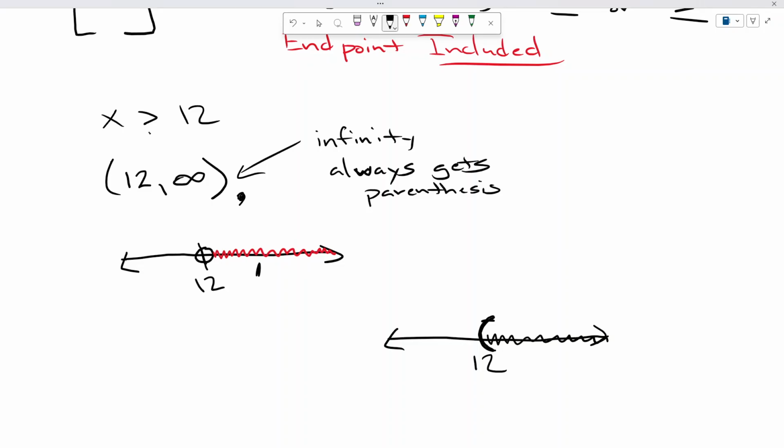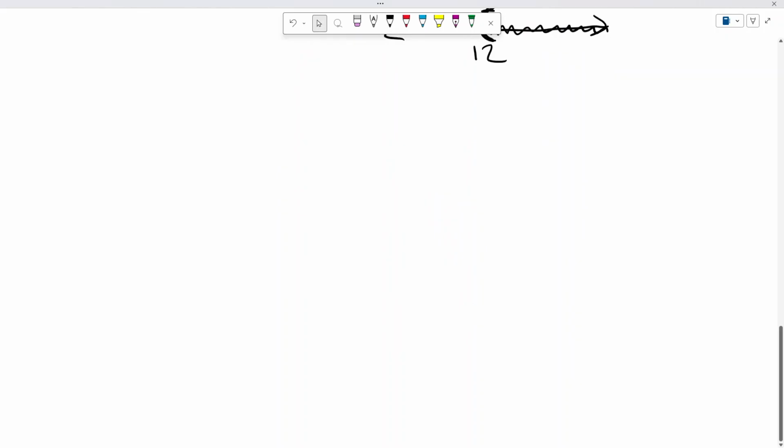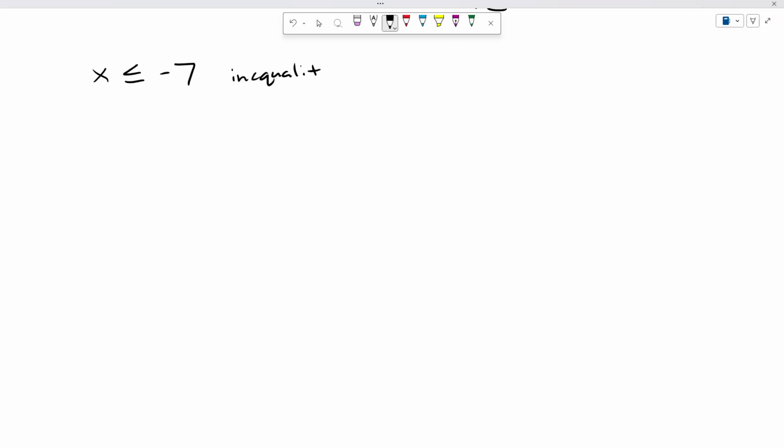Now let's go over a few examples just to drive home what we've learned so far. So if we had x less than or equal to -7, this is our inequality here. Now this time we have a less than symbol, so the infinity is going to be on the other side when we're doing the interval notation.